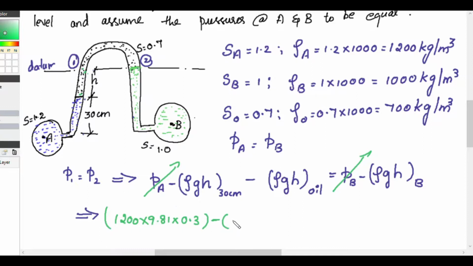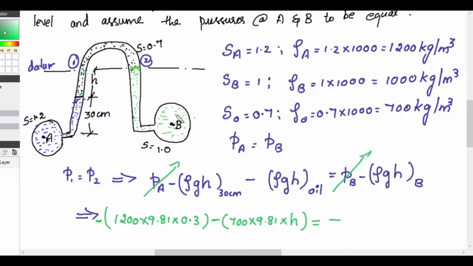So rho of oil is 700 into 9.81 into this height, taken as h, is equal to minus, this is also minus rho g h of B.